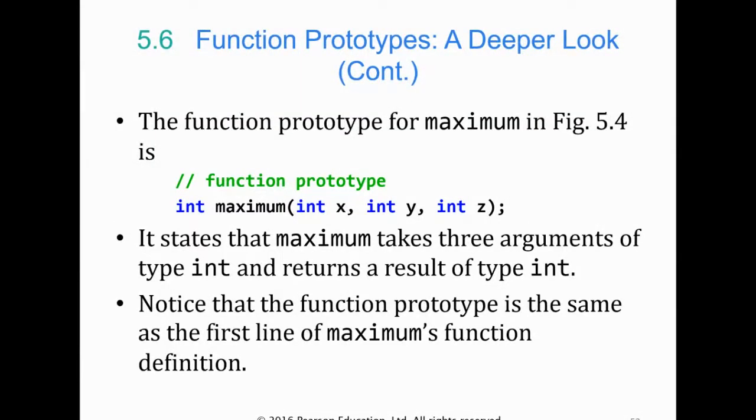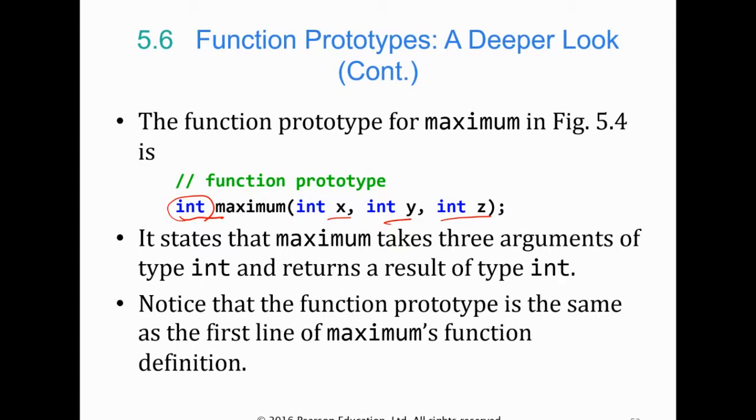So this is our prototype for this particular case. We have an int being returned from this function, and then three integers being sent as parameters to this function, right?